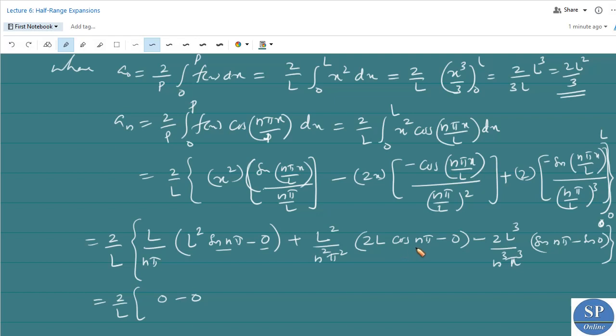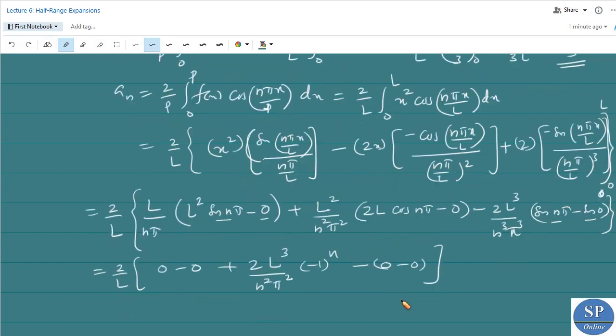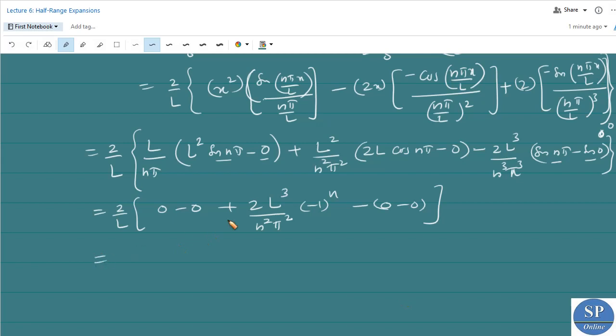And here cos n pi is minus 1 power n. So plus 2 L cube divided by n square pi square into cos n pi, which is minus 1 power n. Minus 0 here, since sin n pi is 0 and sin 0 is 0. So minus 0 minus 0. So this is equal to 2 into 2, that is 4.